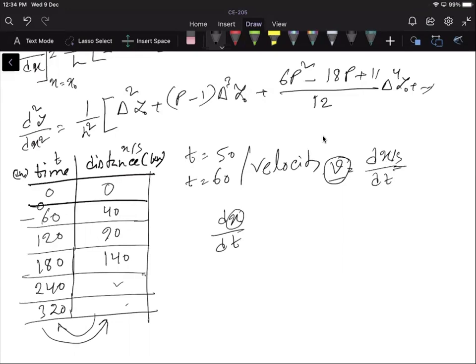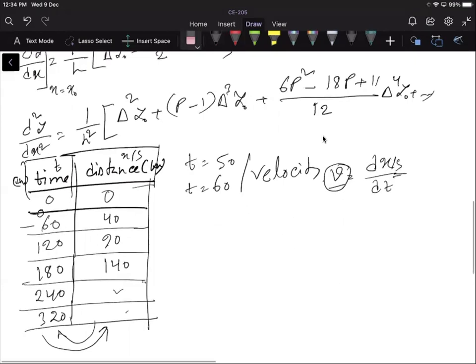That means this is your independent variable and distance is the dependent variable. So from this knowledge, you can simply find the velocity as the first derivative. Again, if I ask what is the acceleration at that time, acceleration is nothing but dv by dt.